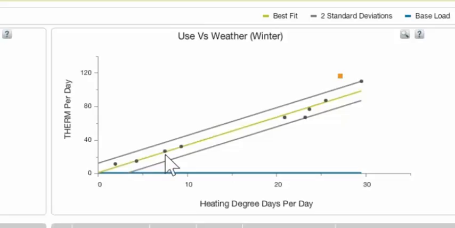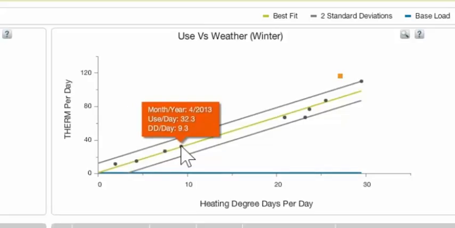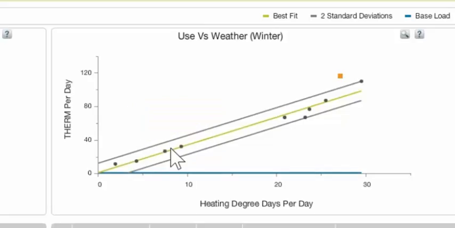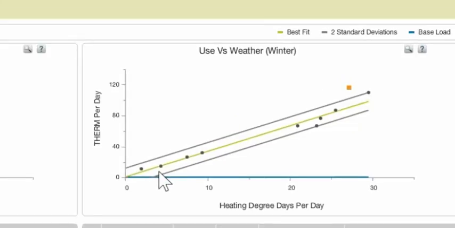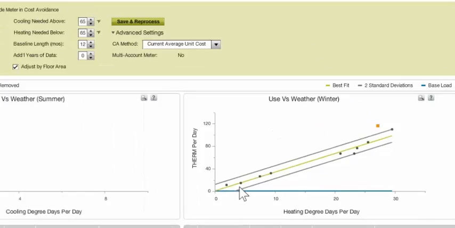You can see once I get to some colder months, October, April, it bumps up a bit, but these months are pretty flat, so I would like them to fall off of the graph. How do I make them fall off? I lower the balance point.